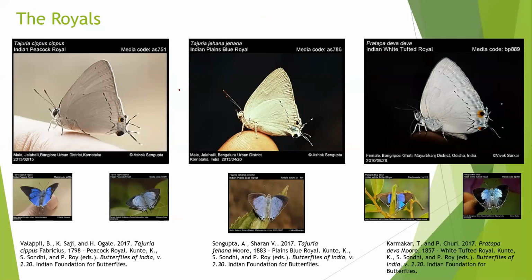So there are three royals: the spotted royal, the banded royal, and the branded royal. You can find the life cycles of all except the spotted royal, which has not been photographed, and whose life cycle from Western Ghats has not been studied. But for the rest of the royals, the life cycles are there on the Indian Foundation of Butterflies website. Please do visit those. There is so much amazing stuff there. Their images are there on the website.